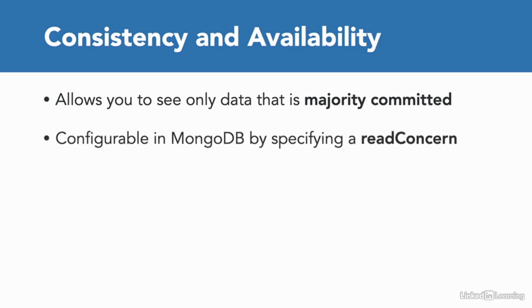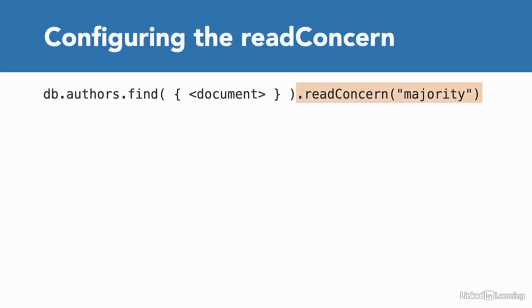You can configure the read behavior by specifying the read concern. Here, I've set the read concern to majority, and you can see I did that by specifying the command like normal and then just adding at the end .readConcern and then specifying the read concern majority.